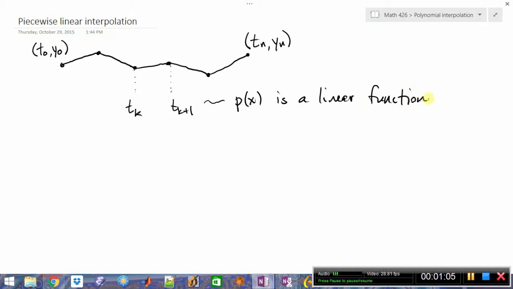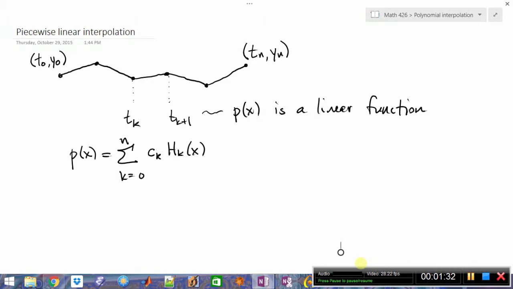There's nothing special about that. Instead, I'm going to suggest that we can write p of x in a way that's going to be very important because it generalizes to a lot of different things. So we're going to seek to write p of x in this form, as a linear combination, I should say, of some particular functions.